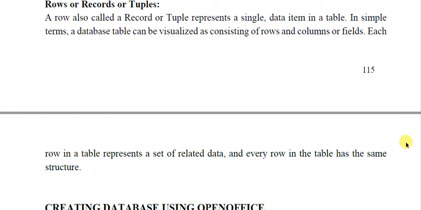So how will you understand a row? Suppose you have designed a student table and you have identified the fields. If you want to enter your own record, the set of all the values regarding you will be called a record. Suppose you enter the details of 5 of your friends. Those 5 will be called records.